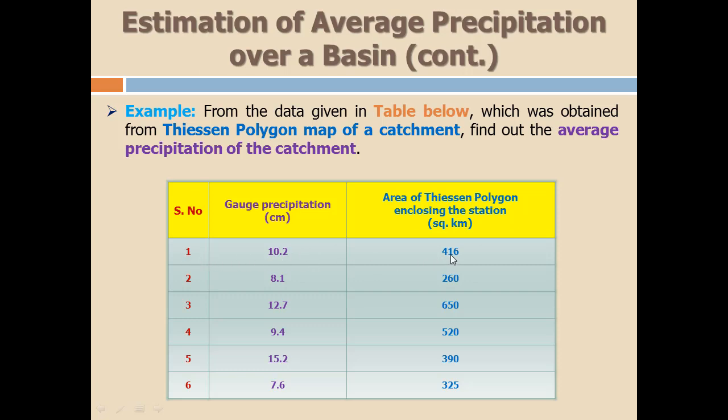It is 416 square kilometer. Station 2, around station 2, the polygonal area is 260 square kilometer. And the precipitation values are here. So the only difference is that the data is given in the tabular form and the precipitation values are in the centimeter, not in the millimeter.